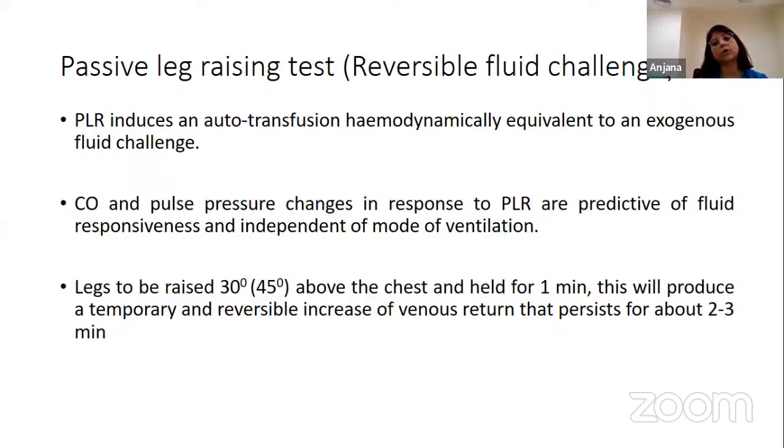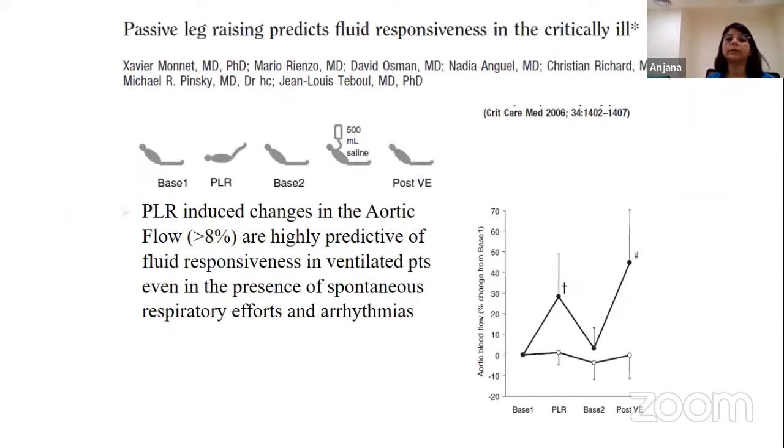You can see it in a spontaneously breathing patient as well. You raise the legs to 30 to 45 degrees above the chest and hold it for 1 minute. There will be an increase in venous return and the effect will last for some minutes. If the patient is fluid responsive, you will see an improvement. So this is how it is done.